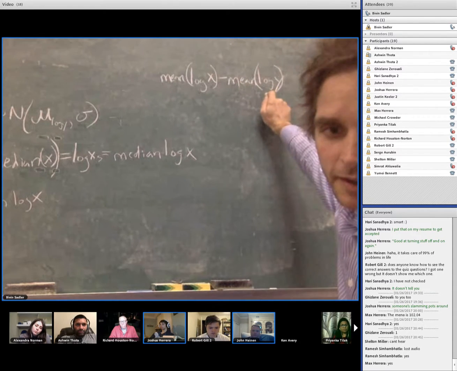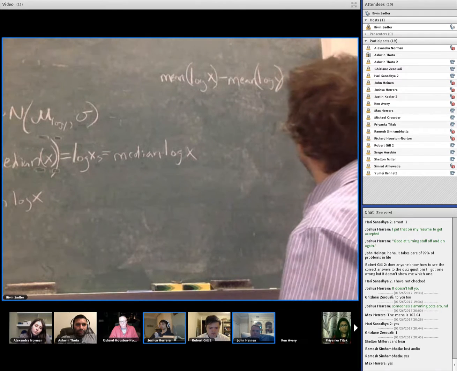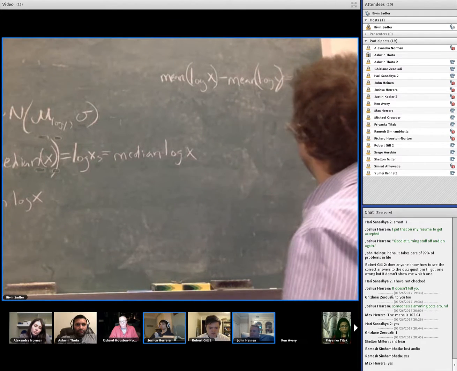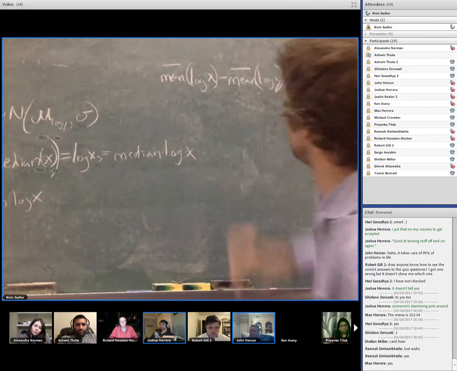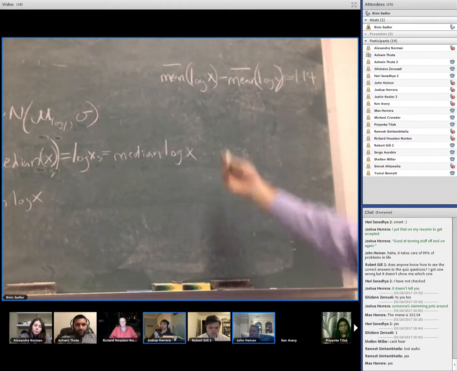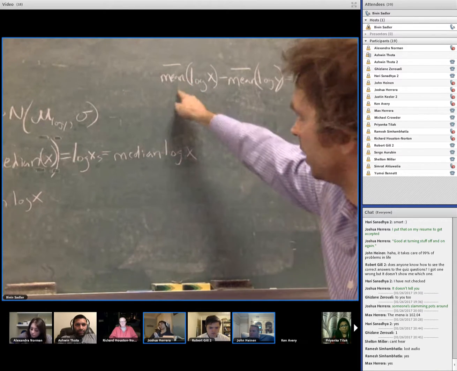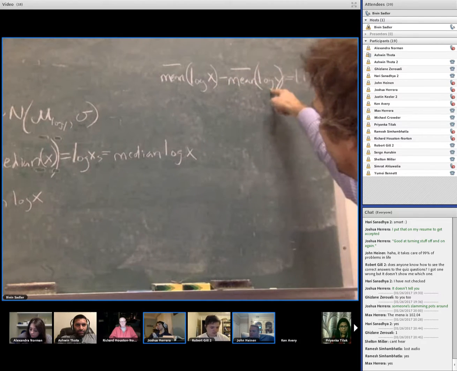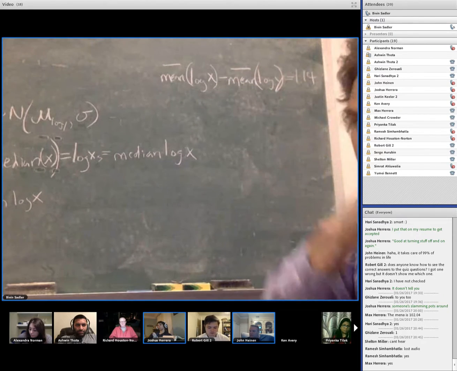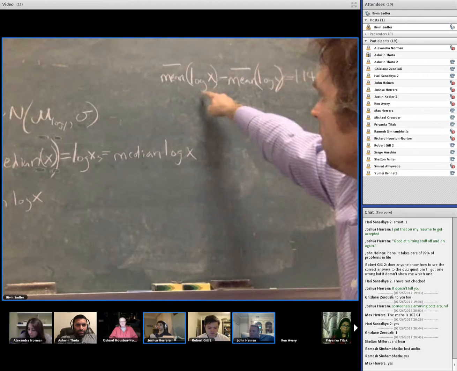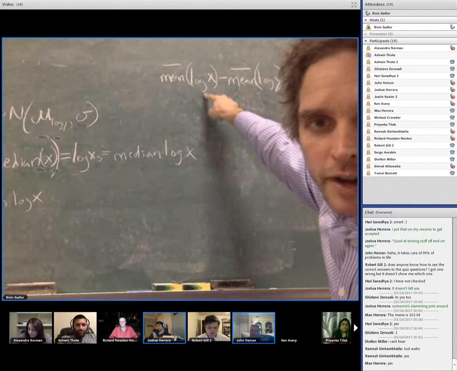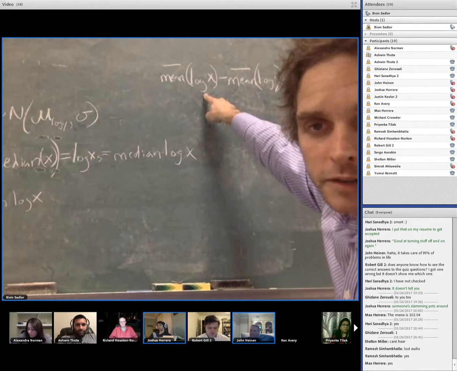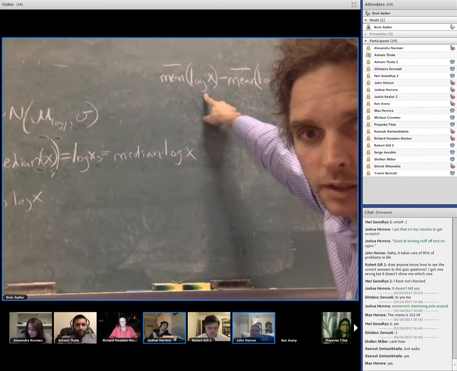Let's put little bars on this. So I go after my sample, I take the sample mean of the log of x's, I take the sample mean of the log of y's, I get 1.14. So remember that our assumption is that we transformed, not the mean, but the individuals, the log of x's themselves, to a normal distribution. If that's the case, then I can do this.